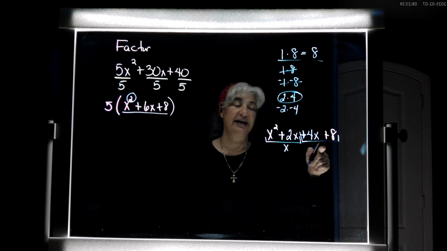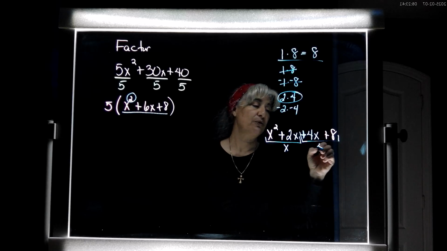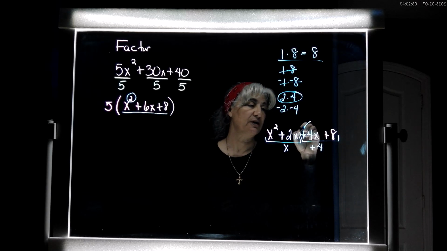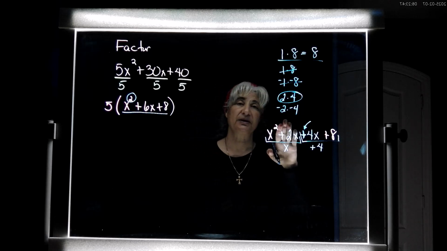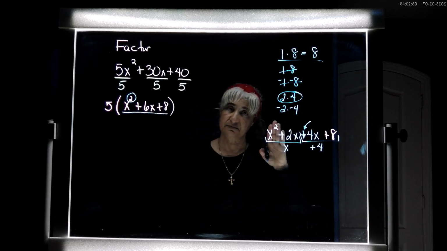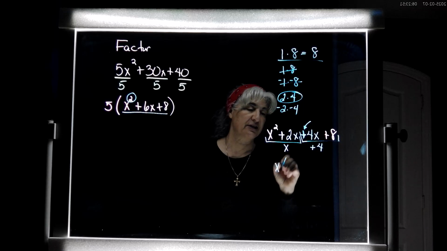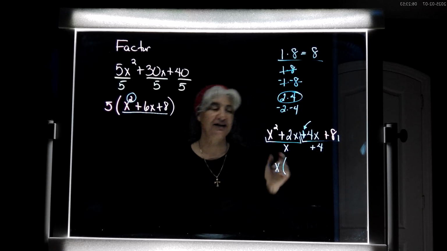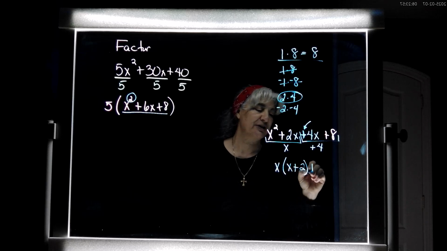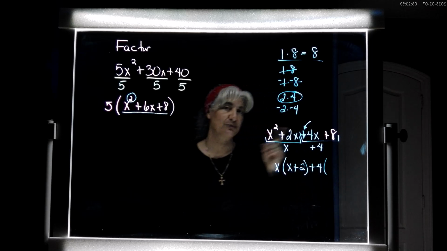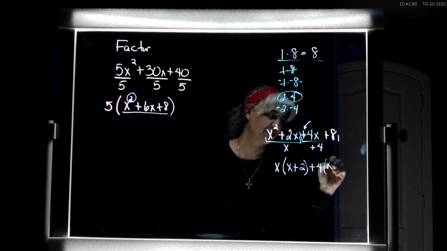An x, and in the second pair, a 4, but it's a positive 4 because of the sign in front of the first term in the second pair. So you're factoring out an x, and you're left with x plus 2. You're factoring out a positive 4, and you're left with x plus 2.